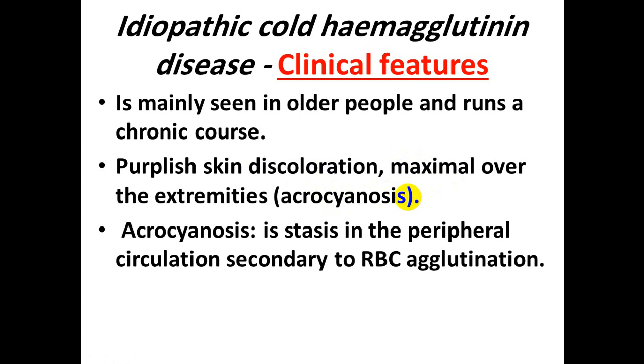Cyanosis in the peripheries, or acrocyanosis, is a stasis in the peripheral circulation secondary to red blood cell agglutination, forming a clot which stops the circulation in the small vessels in the peripheral circulation.